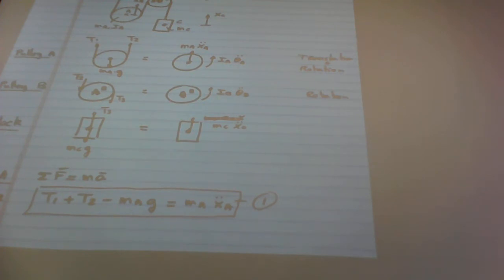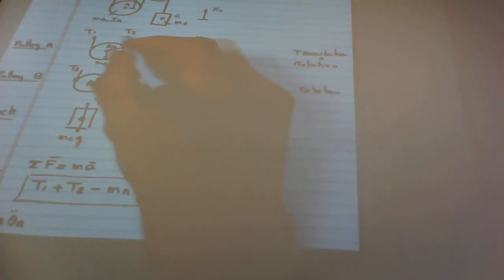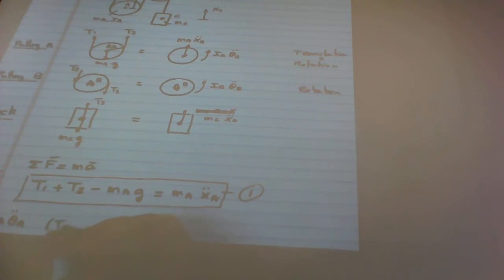Equation 1. But what type of motion is that pulley also having? Rotation, so you have to do summation of moments about which point? Point A. So what would be that equation? Minus T1 RA, so it will be T2 minus T1, to save some space, times RA, for the moment.